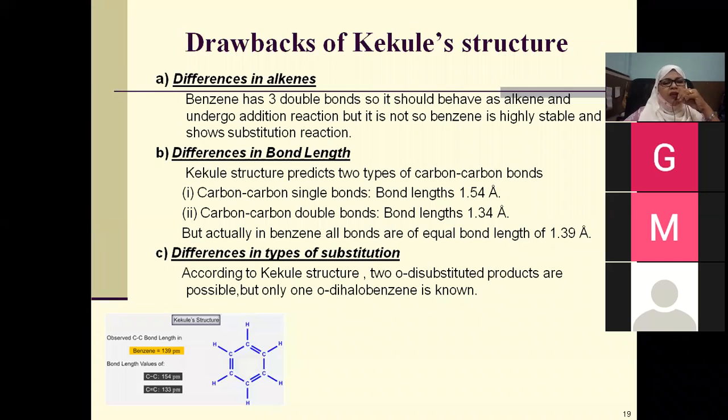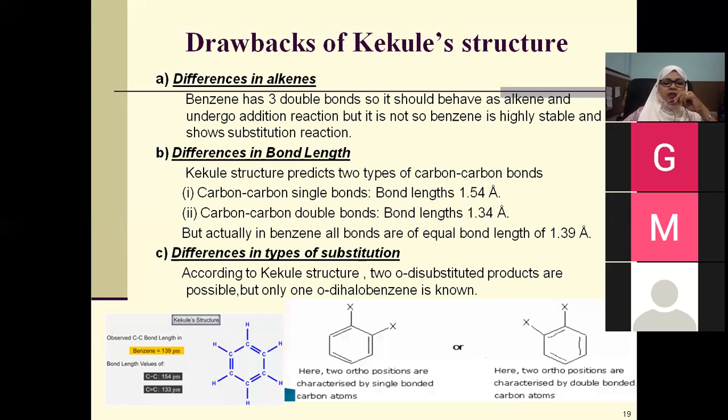When substitution reaction happens, we can get two ortho substituted products, but only one dihalobenzene is known till now. Okay, till today we have not found two ortho disubstituted products in the substitution reaction of benzene, but instead of that only one ortho dihalobenzene is known, and this is the structure.